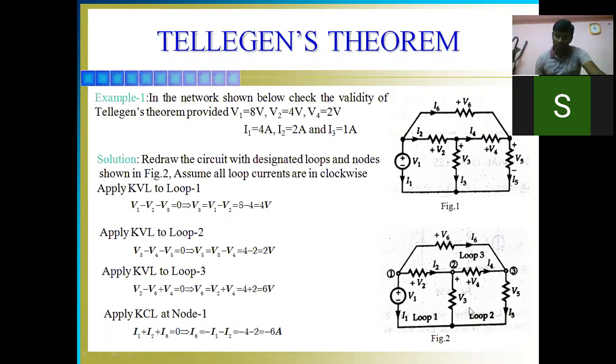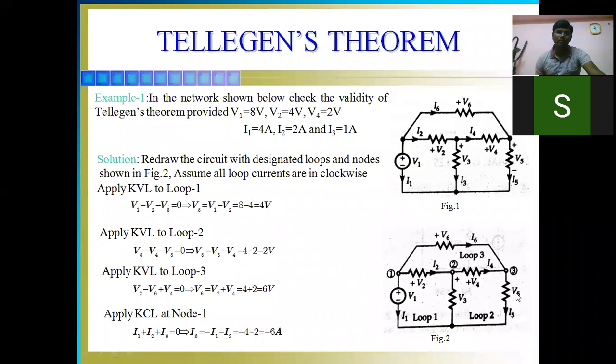It is also in clockwise. For V3, the current is leaving from positive. For V4 and V5, it is entering with positive.